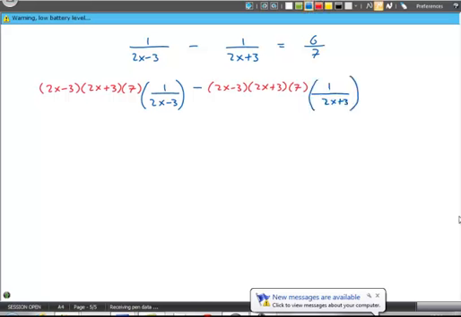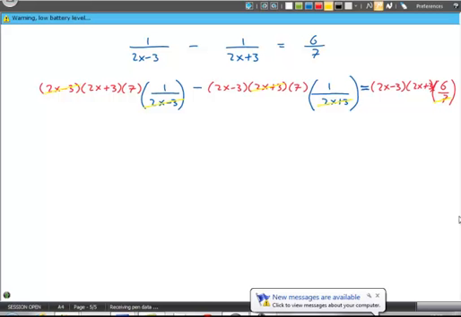And as the bell might go, but you'll just hang on for me for a second. What have we got here? So again, 2x minus 3, 2x plus 3, and then you'll have your 6 over 7. What will happen? This will cancel. This will cancel.